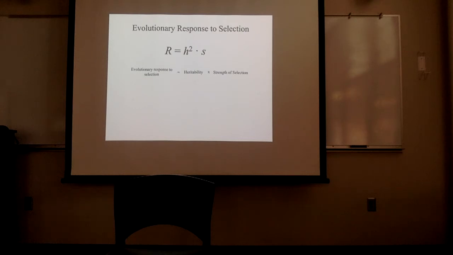Most people who missed this took the value here and squared it. H squared is just a symbol. When Fisher came up with this, he wrote it as H squared because this is genetic variance.